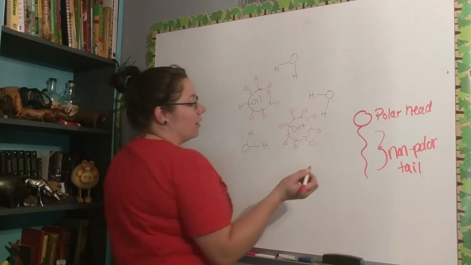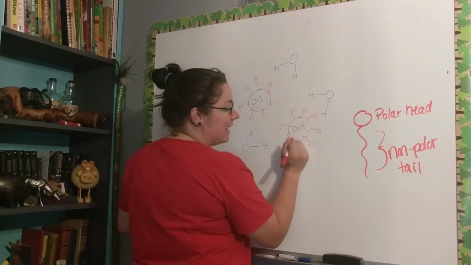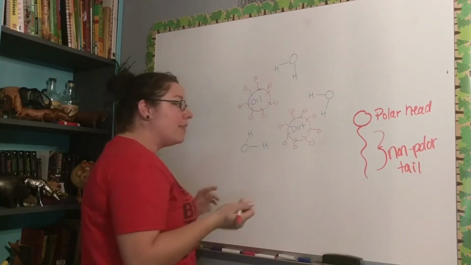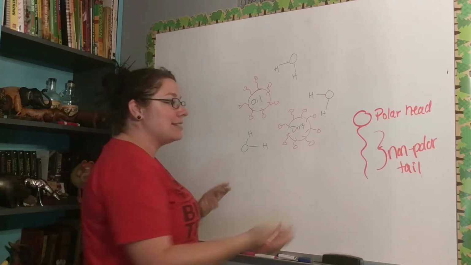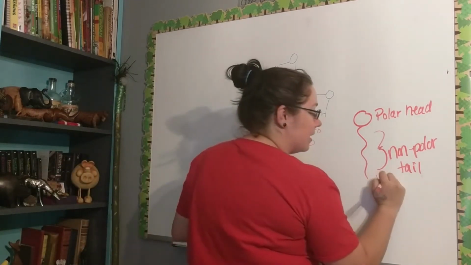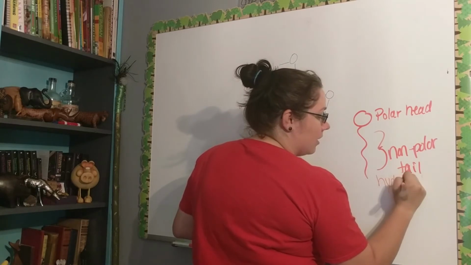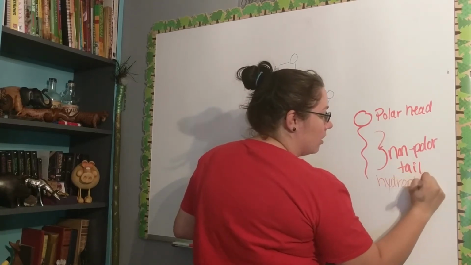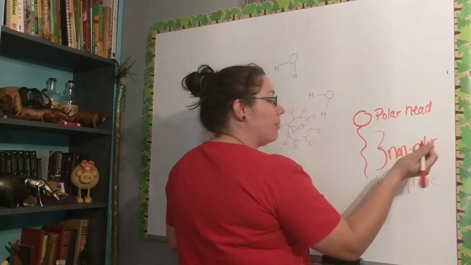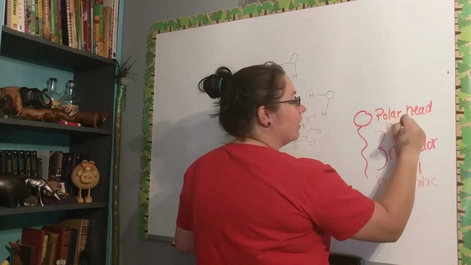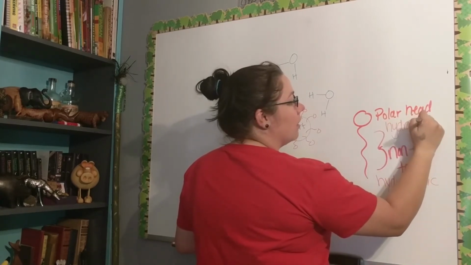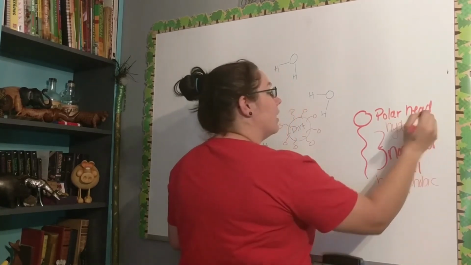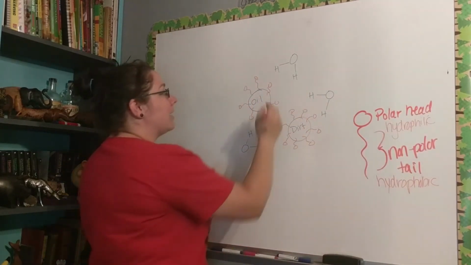You have your fatty acid tails associating with the dirt and the oil. The fatty acid tail is nonpolar, so that is hydrophobic. And then you have your polar head, which is hydrophilic, and this is going to be able to interact with the water.